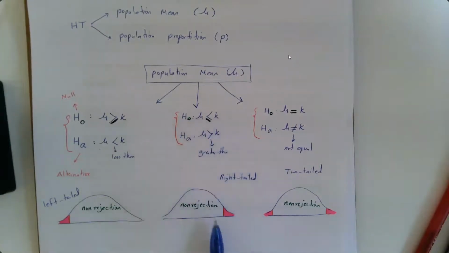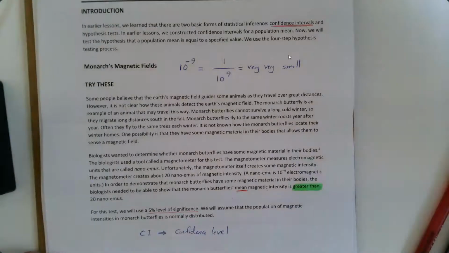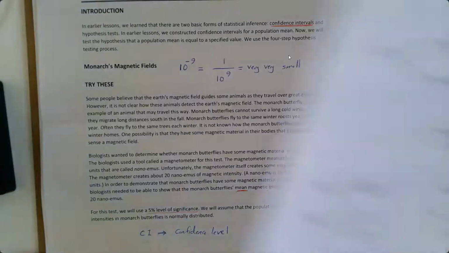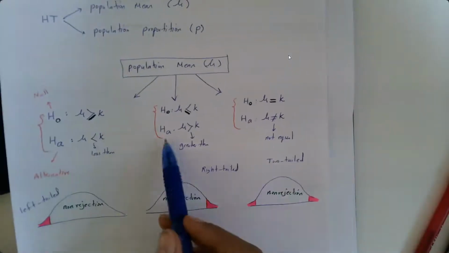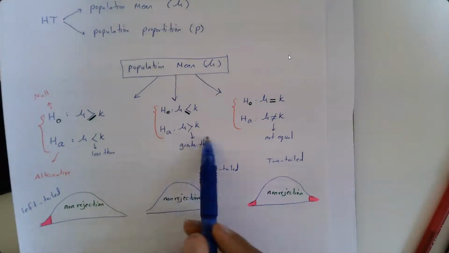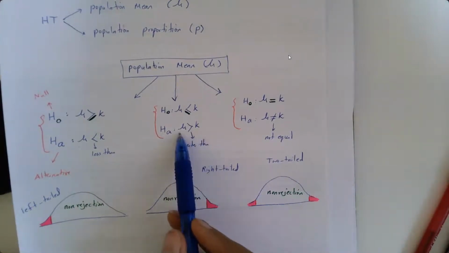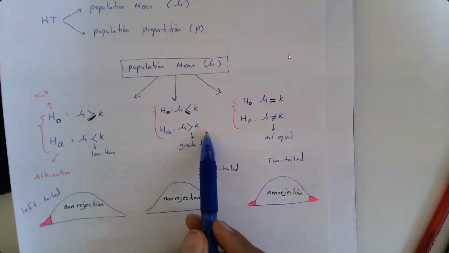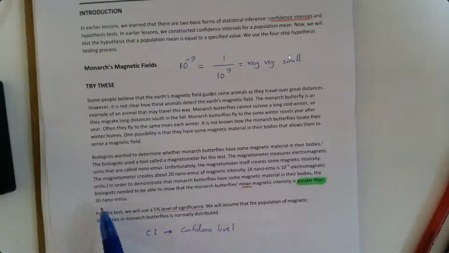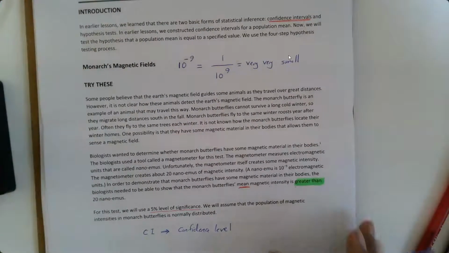It means that we are dealing with a right-tailed graph. So again, the keyword is greater than. It means that it is the second scenario. In the second scenario, our alternative hypothesis is given. The mean is larger than k. K is the number. What is that number? 20. So this is your k.